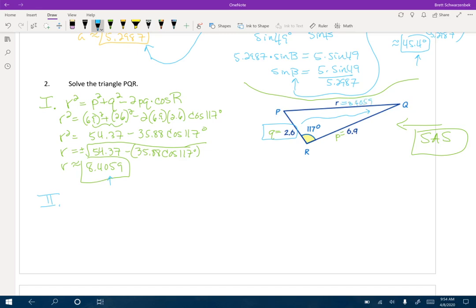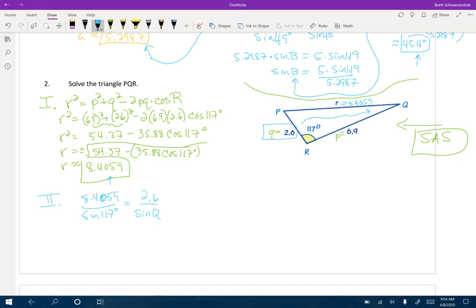Well, we already did that. We generated that for side R and angle R. So we're going to take the 8.4059 that we calculated and put it over the sine of 117 to find our important ratio, because this is the ratio that's going to set up the rest of the sides and angles. So we go to the Q's. We get 2.6 over the sine of Q. We have it set up.